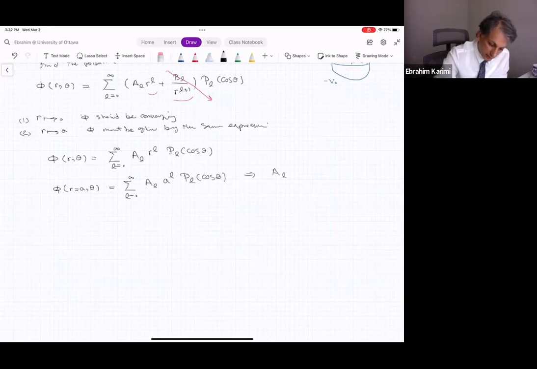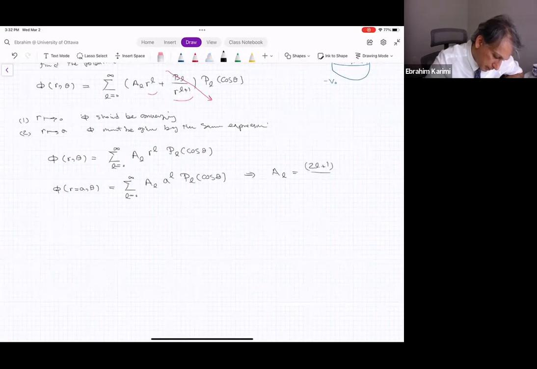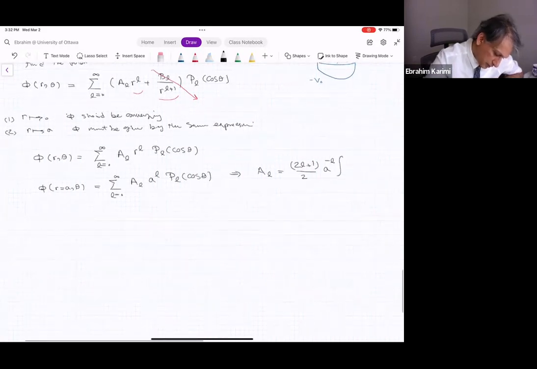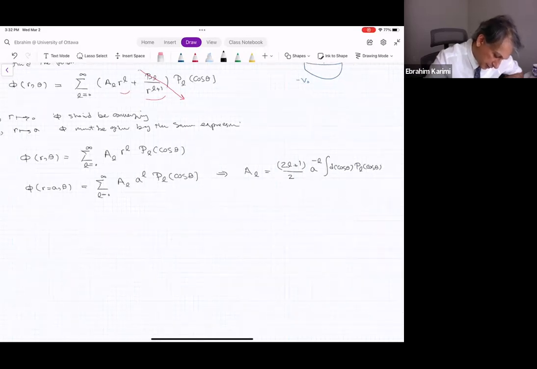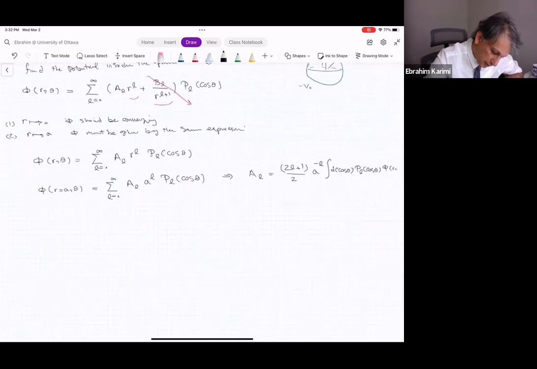Therefore, AL is given by 2L plus 1 divided by 2, A to the power of minus L, then the integral of d cosine of theta, PL of cosine of theta, times the same expression that we had for phi at R equal to A, with theta from minus 1 to plus 1.